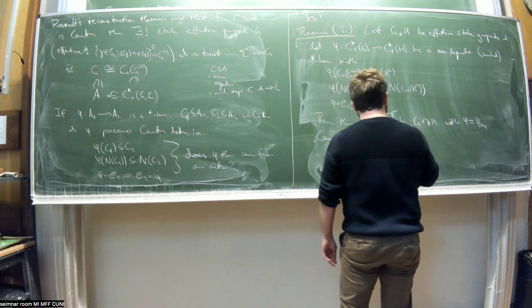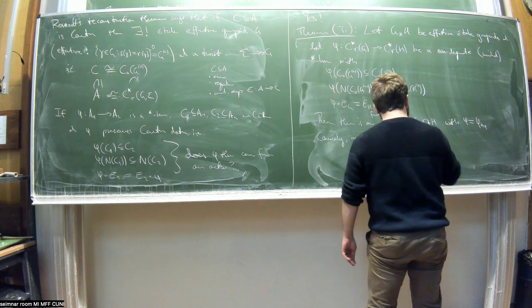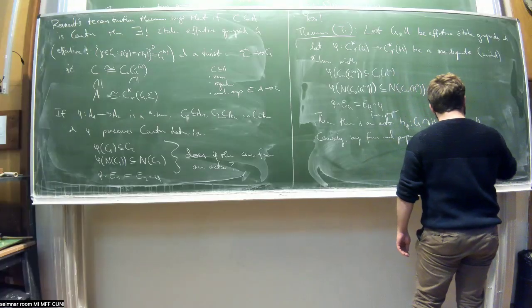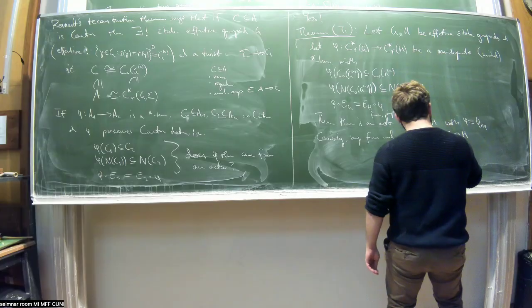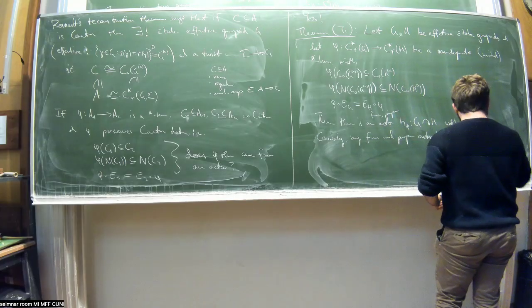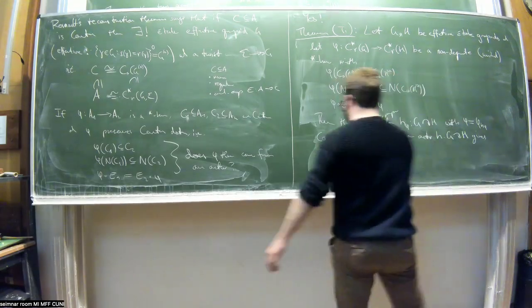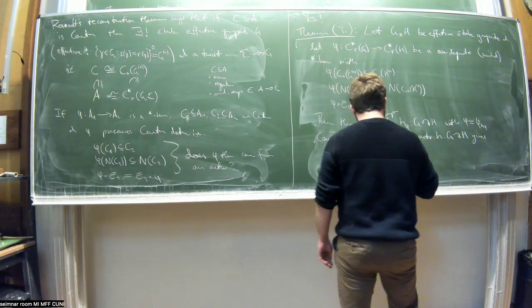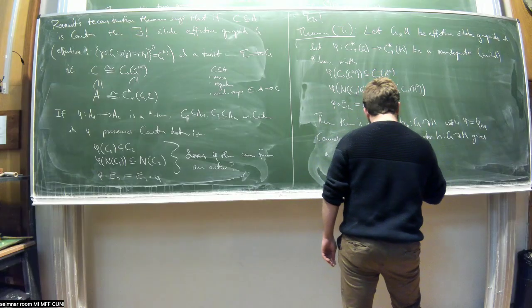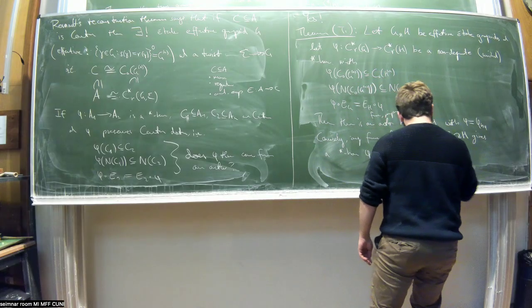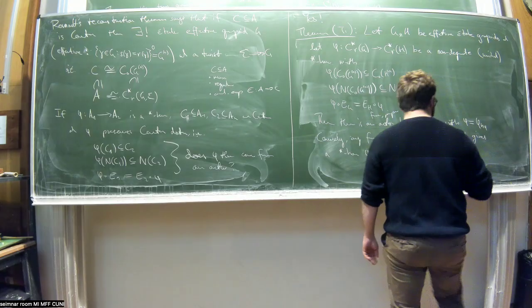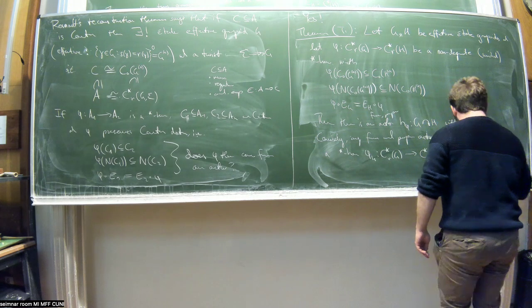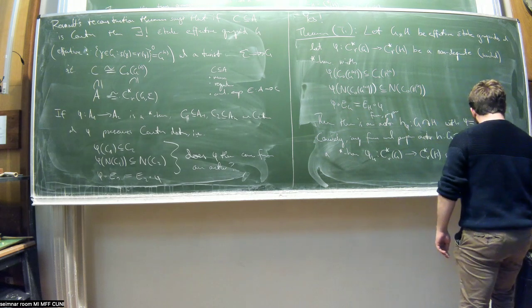Any free and proper actor from G onto H gives a star homomorphism satisfying the above conditions.